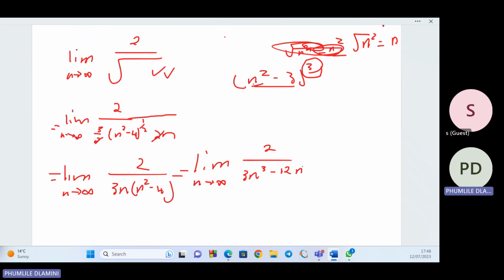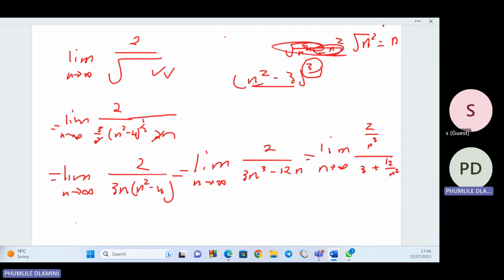Now we can divide everything by n cubed. So when we divide everything by n cubed, we have the limit as n approaches infinity of 2 over n cubed divided by 3 plus 12 over n squared.